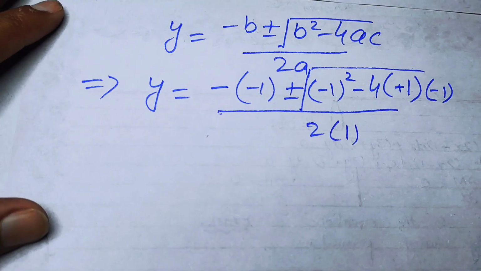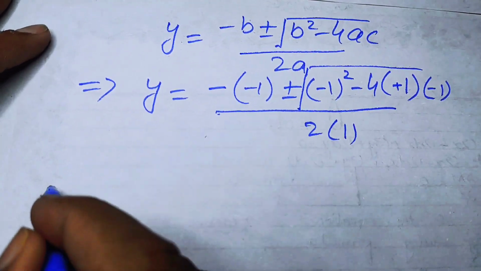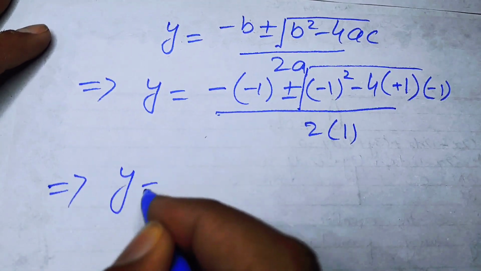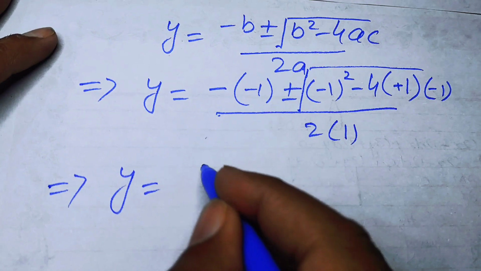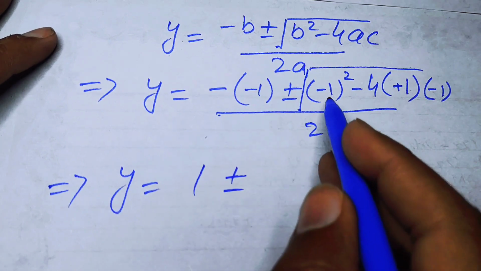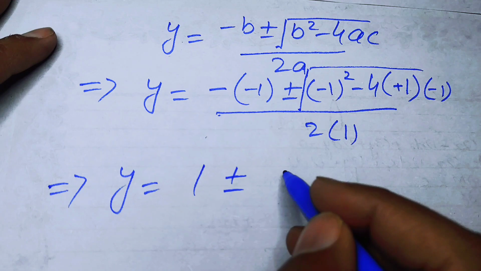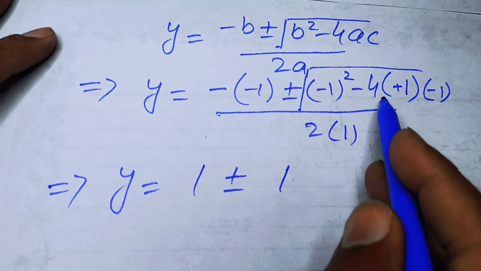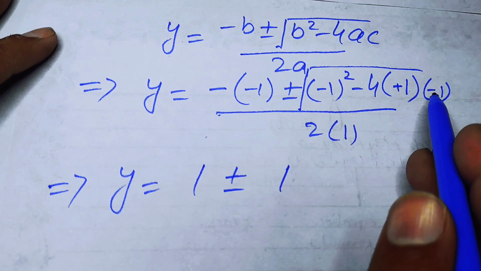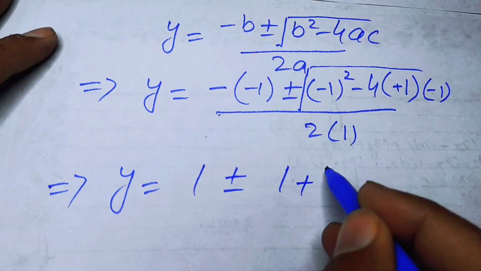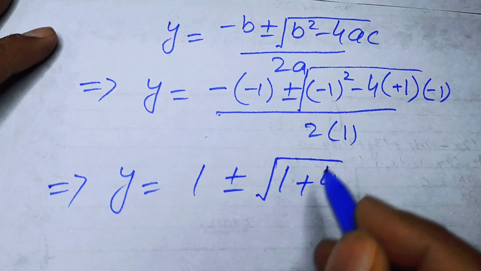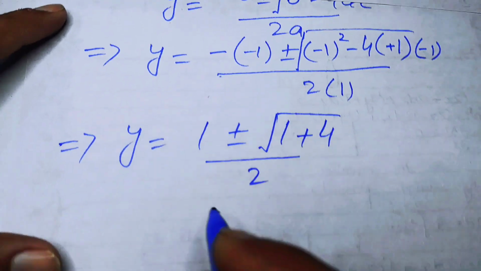Okay, so after that we will just simplify this expression, and we finally get 1 plus minus square root of, here you have minus 1 squared and minus 1 squared is equal to 1, and this minus multiplied by this minus gives plus 4, over 2.